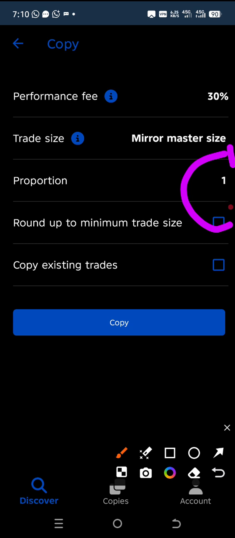Now, what's the logic? If you have $50, you can start with $50, but it's not much advisable. Not because you cannot trade, but when there is a loss, it's always significant on a $50 account. For example, you'll be accepting some loss, you'll be taking some profit.